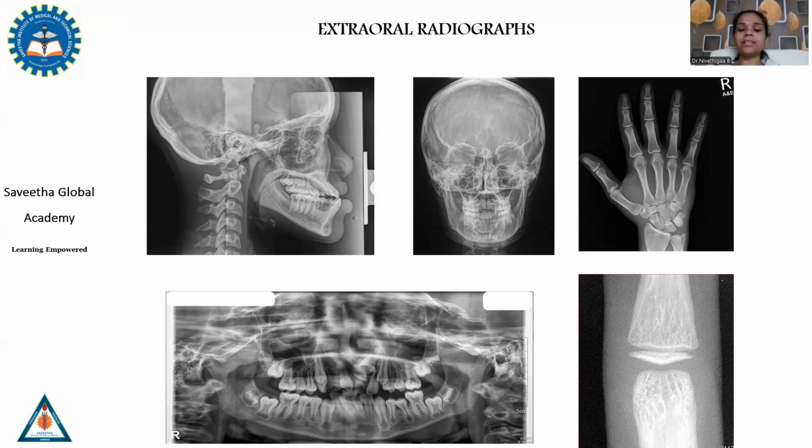The next one is the frontal cephalometry, which utilizes two planes, the transverse and the vertical planes. Then we have the orthopantomogram, the OPG, which again helps us in visualizing the jaws and the TMJ.